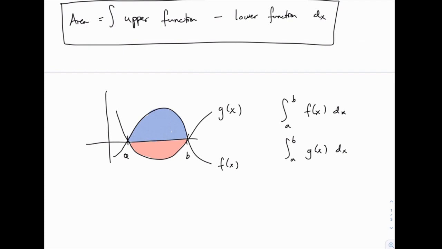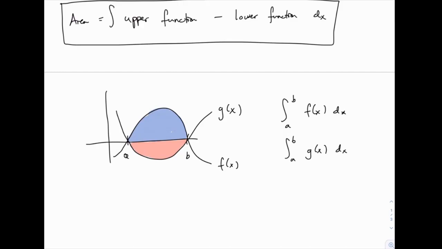And back in Calc 1 and up to this point, when we've talked about the area under a curve, we allowed for the possibility of negative areas, just as a way of keeping track of whether the area was above or below the x-axis. When we start using the term the area between two functions, we're going to go back to that sense of area as being a positive value only. So we're going to think about just positive areas.